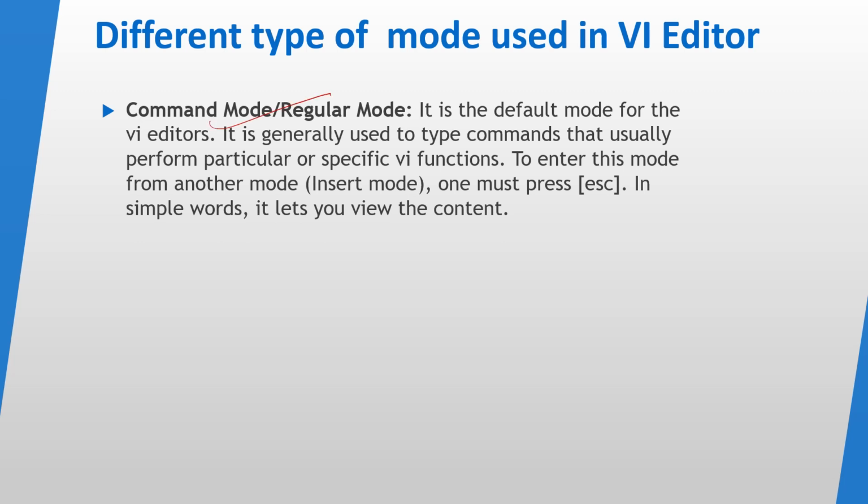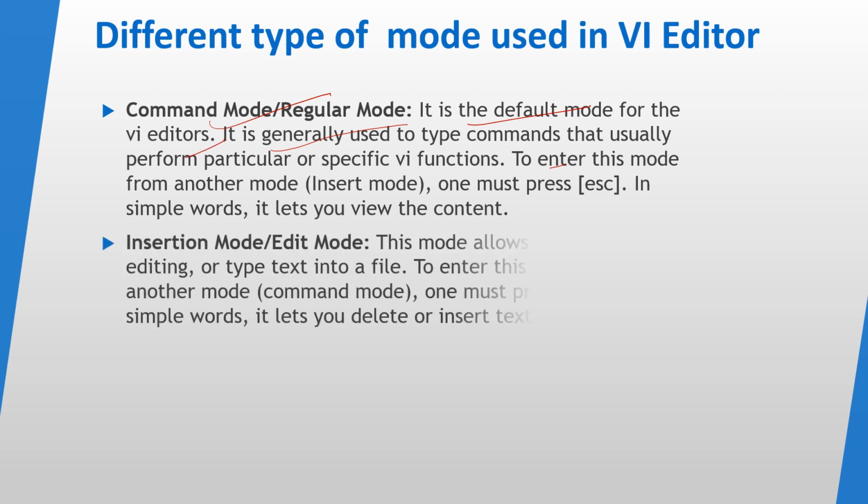Command or regular mode is the default mode for the VI editor. It is generally used to type commands that perform particular or specific VI functions. To enter this mode from another mode, like insert mode, one must press escape. In simple words, it lets you view the content.